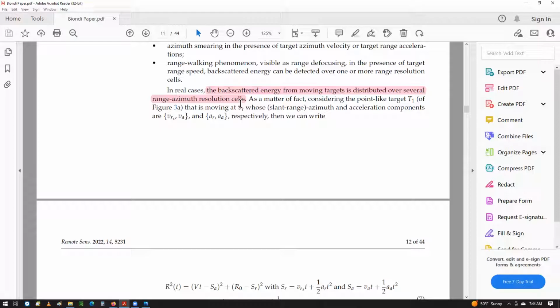So each meter represents a pixel, but the backscattered energy is the echo, and if the target is moving, then that movement is basically smeared across more than one cell.